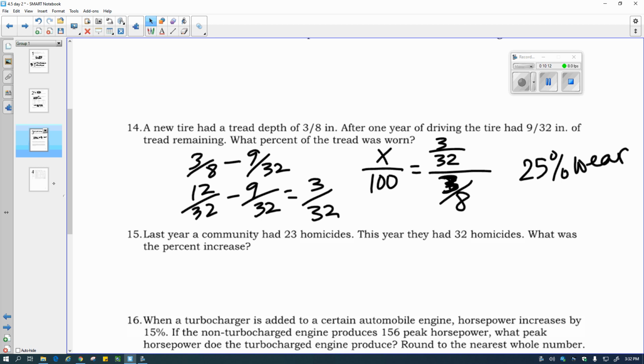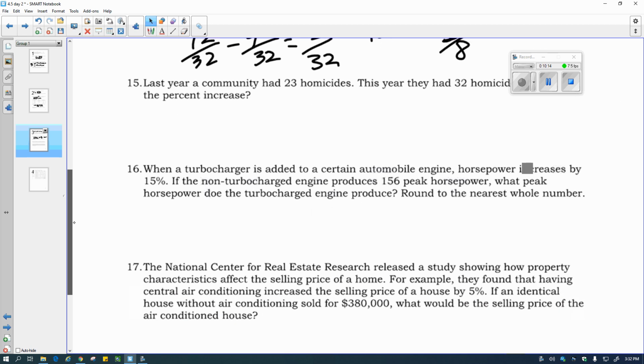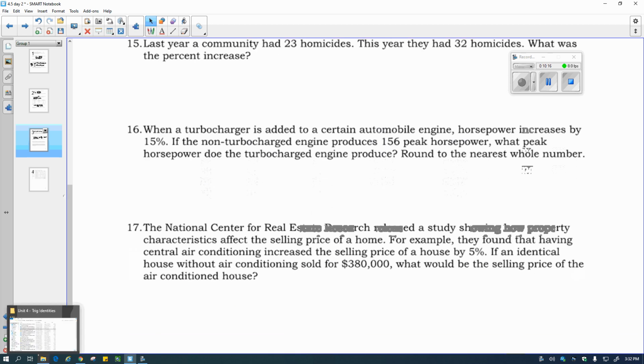And then we have, again, another problem, problem number 16. When a turbocharger is added to a certain automobile engine, horsepower increases by 15%. If the non-turbocharged engine produces 156 peak horsepower, what peak horsepower does the turbocharged engine produce? Round to the nearest whole number. So this is again an increase.